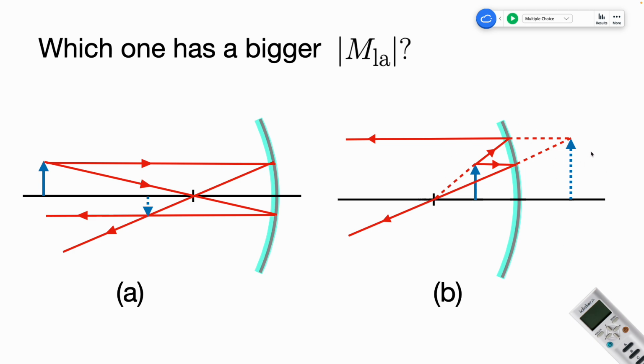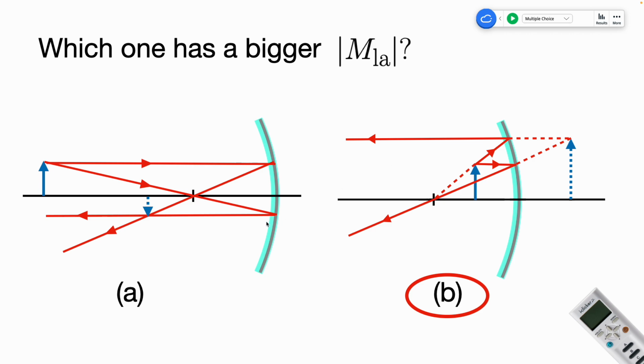In this case, you see the image is taller, so you know the lateral magnification is bigger than 1. Here, the image is upside down, it's negative, but let's only look at the absolute value. The image is shorter than the object, so you know the absolute value is smaller than 1. So this is kind of like 0.8, and this is 1.2. So B will be bigger. Okay? Any questions?